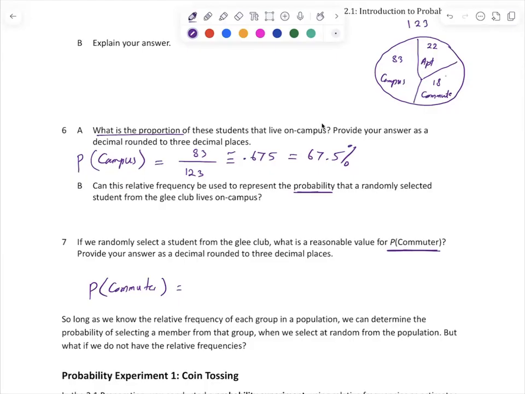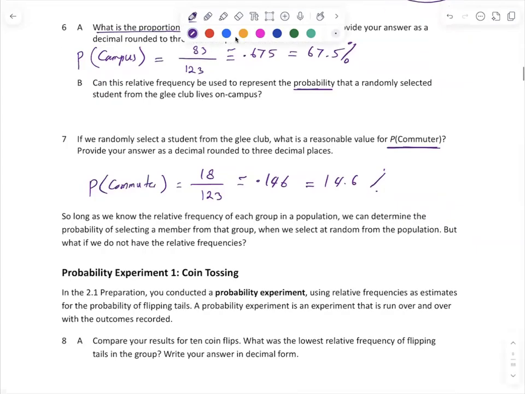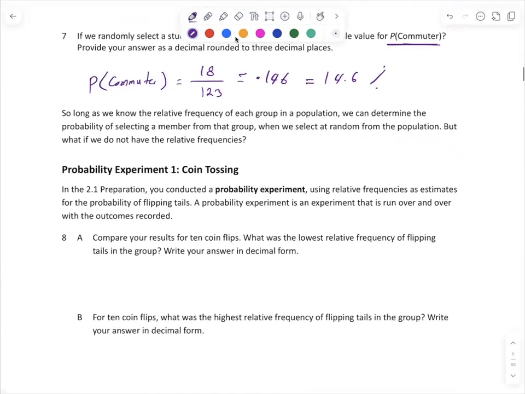You have 18 people who commute to college. So you get 18 out of 123. If you do a division, you get approximately 0.146 or 14.6%. So if you randomly select a person from the club and you're wondering, hey, what's the chance that person is a commuter? It is 14.6%.